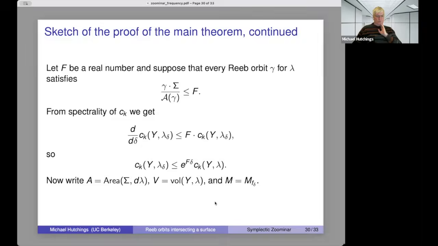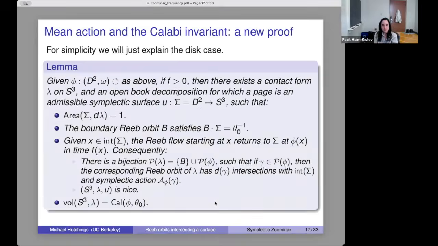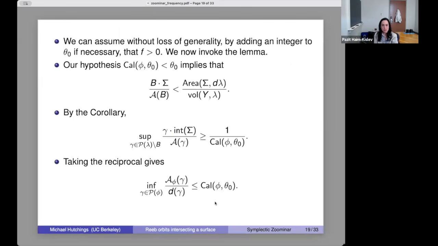So if we go back to that proof, I had this hypothesis that the Calabi invariant is strictly less than the boundary rotation number. And that hypothesis is equivalent to saying that when I translate this to a contact form in S3, then the boundary Reeb orbit of the surface does not realize the lower bound on the supremum.